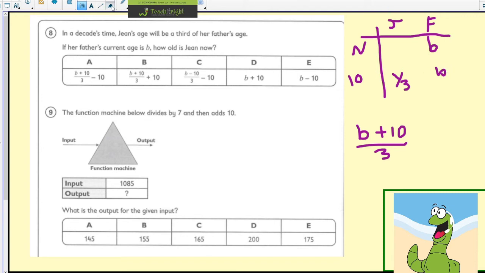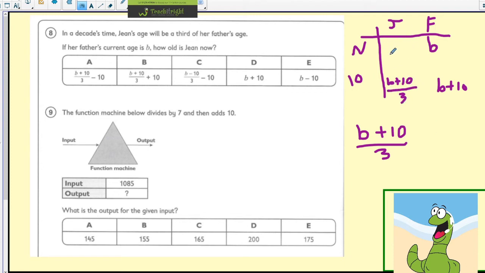Yeah, I should really write it here. So her dad's age is going to be B plus 10, and her age is B plus 10 over 3.